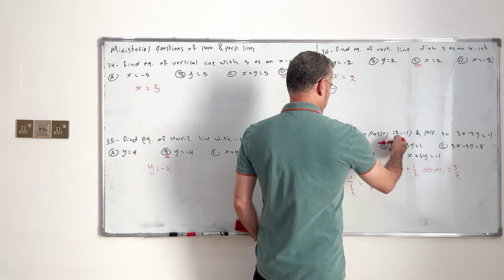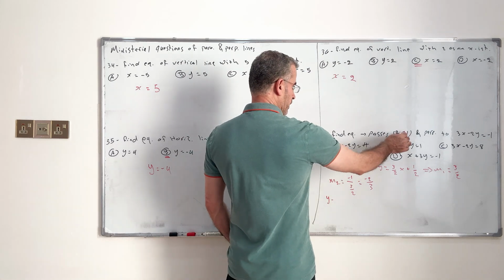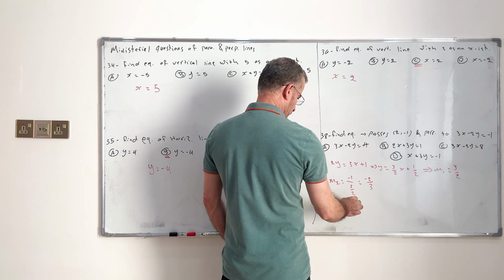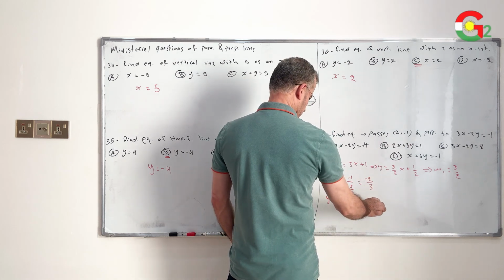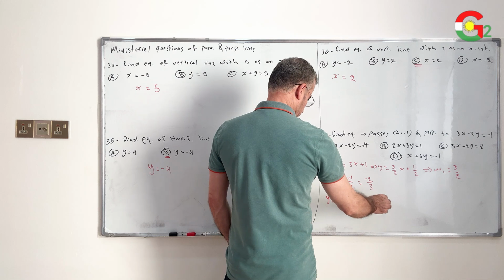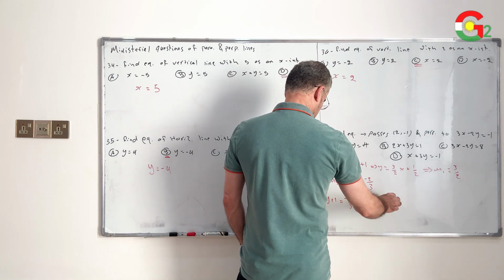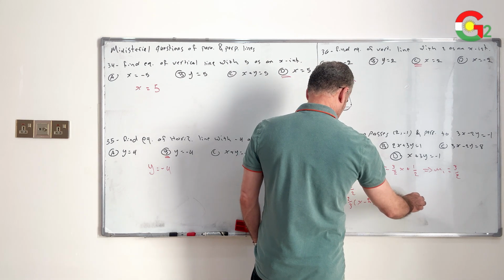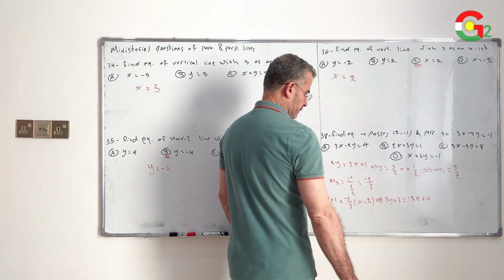Use the slope with this point to find the equation. y minus y1, which will be y + 1, equals the slope -2/3 times (x - 2). Multiply both sides by 3, then 3y + 3 = -2x + 4.